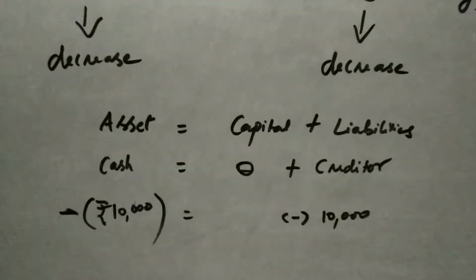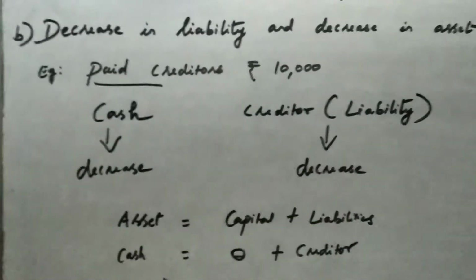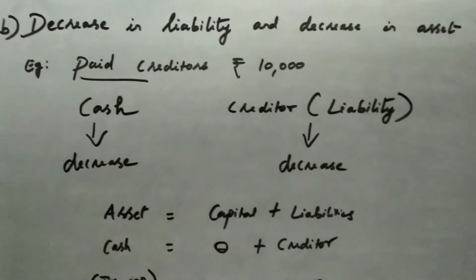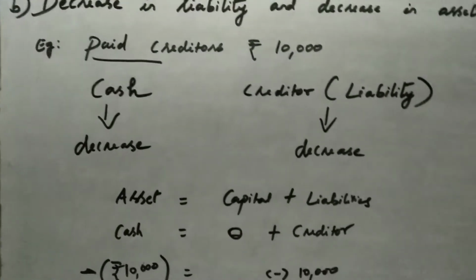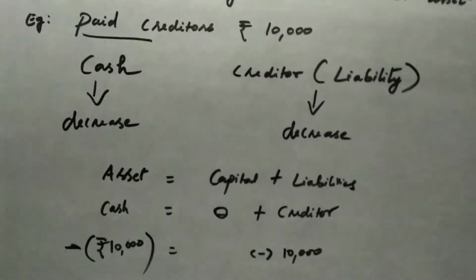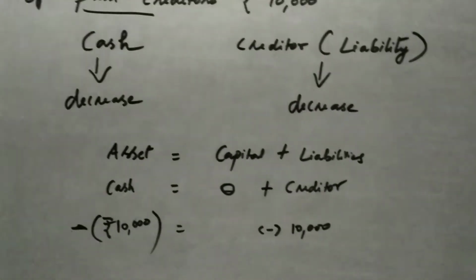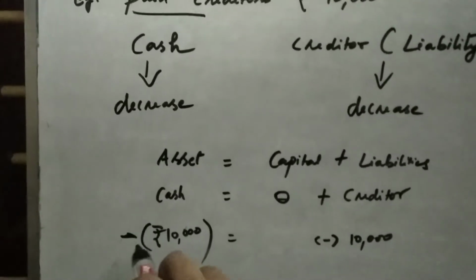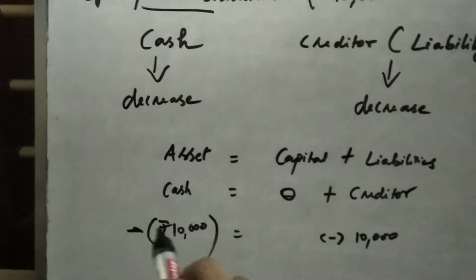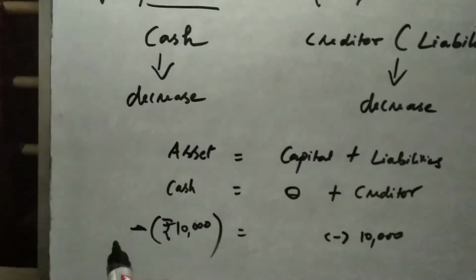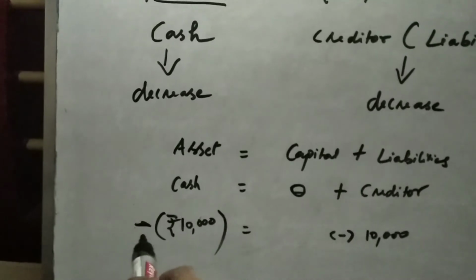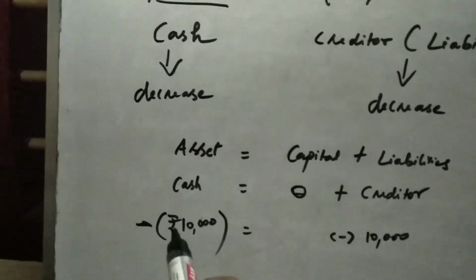Able to understand this? So, decrease in liability and decrease in asset. There is a decrease in both asset as well as liability, so you must put the sign properly. We are not going to add up cash. Cash is going out, so there is a decrease, and we put the minus symbol here: minus 10,000.